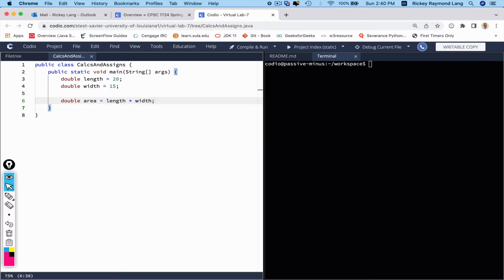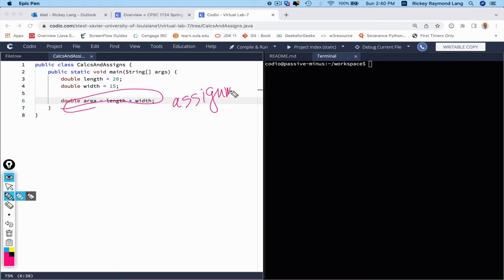Okay, so this is an assignment statement. This is an assignment statement. A very important kind of statement in programming that you'll use very, very much.